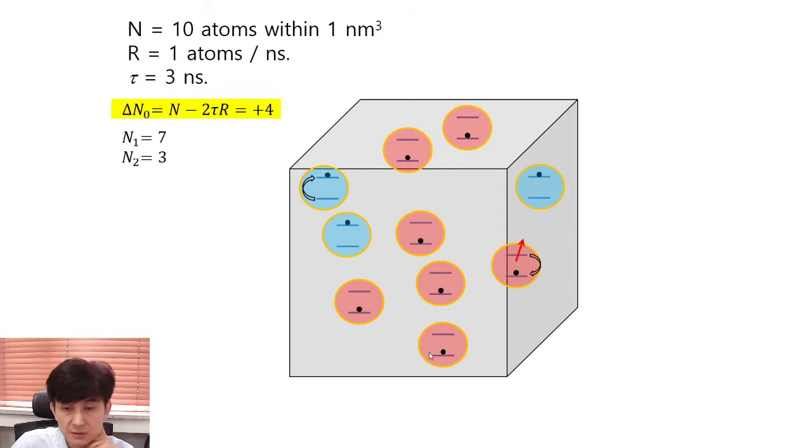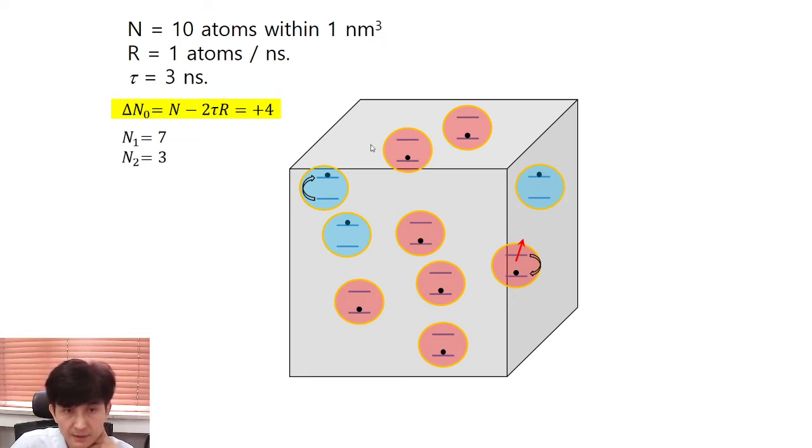So we have 7 red circles, the ground state atoms, and the excited state atoms are represented with blue circles. So we have 3 excited state atoms and 7 ground state atoms within this volume, where we have 10 atoms per 1 nanometer cube.